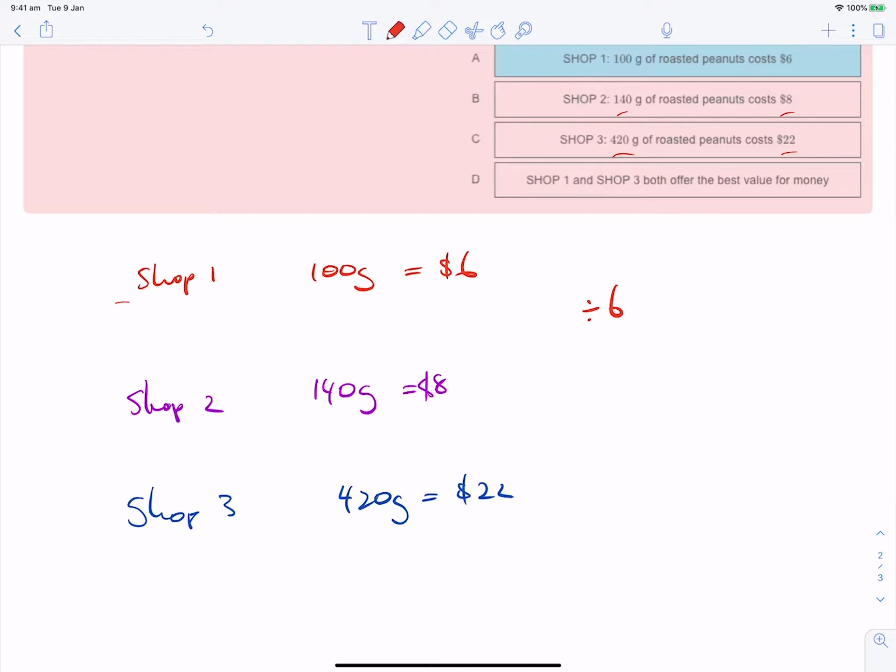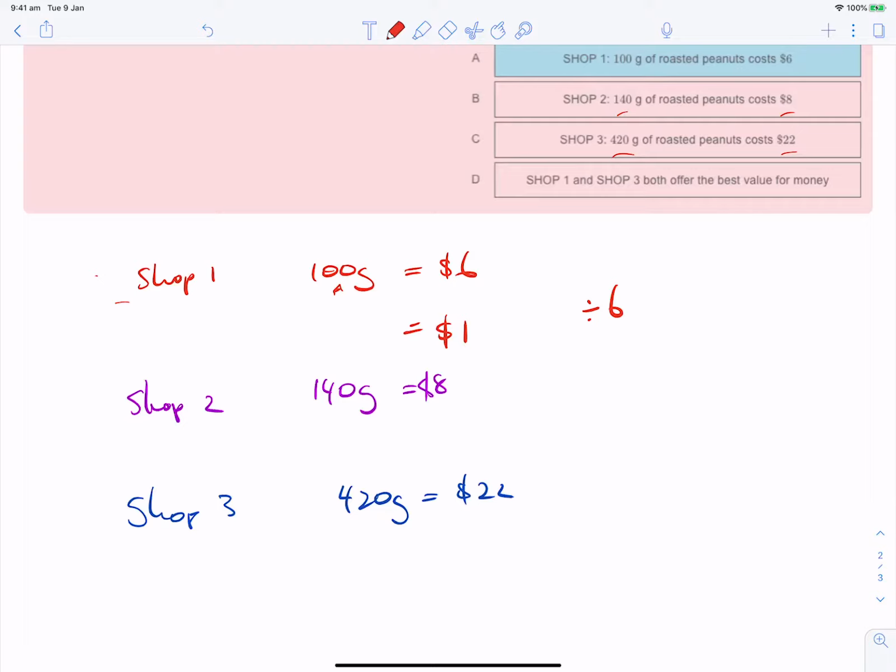So when I divide the whole of shop 1 by 6, I have to divide both sides, the 100 grams by 6 and the $6 by 6. So let's do the easy one first. 6 divided by 6 equals $1. You don't even have to really write in those divided by 6s there.